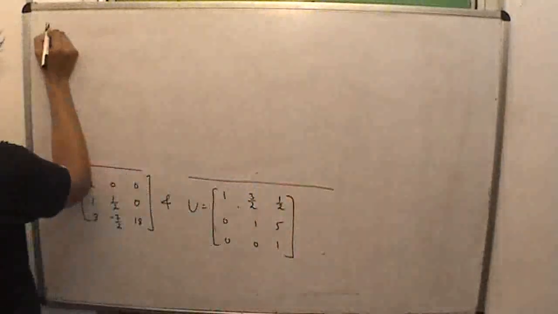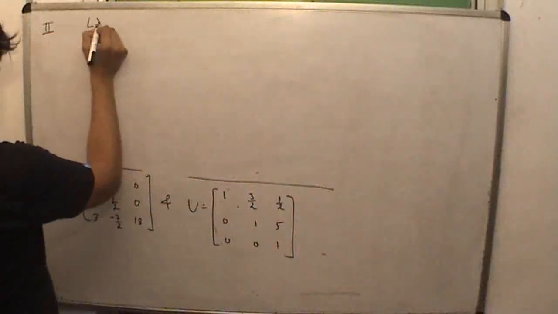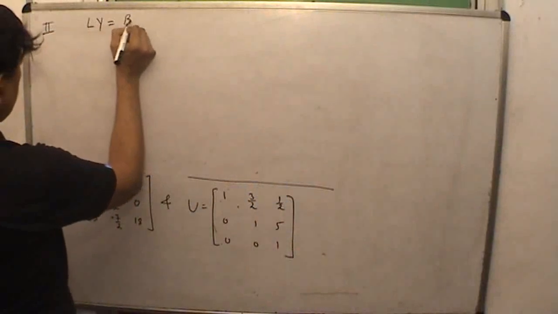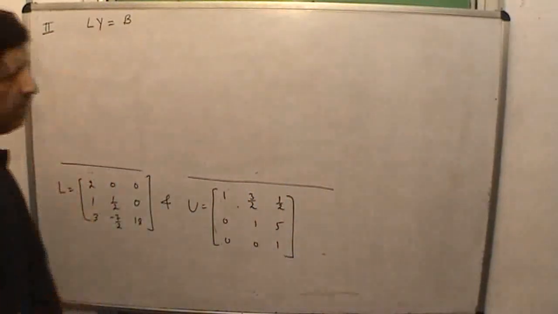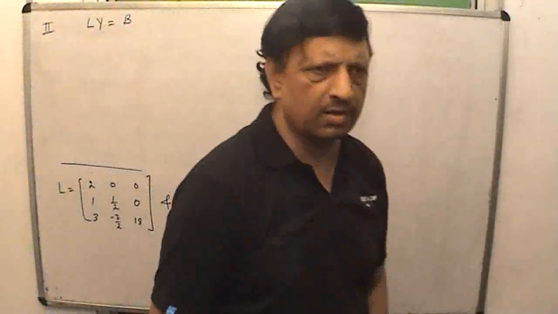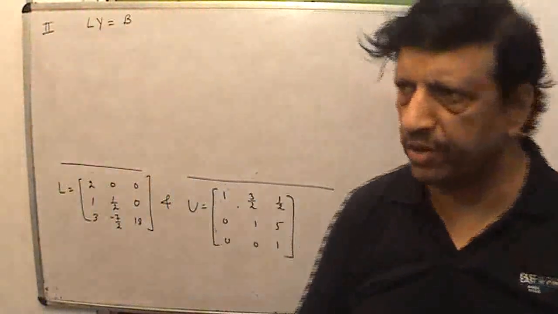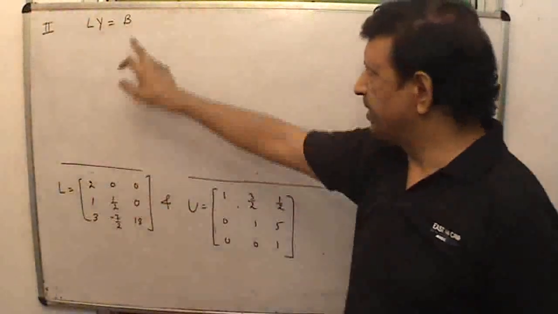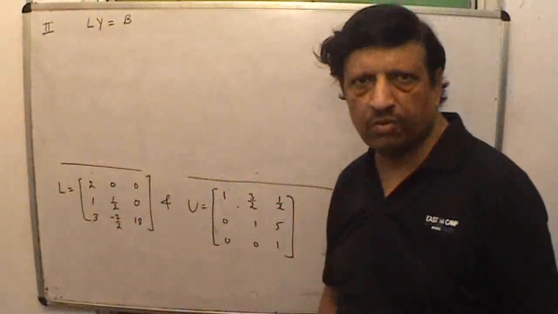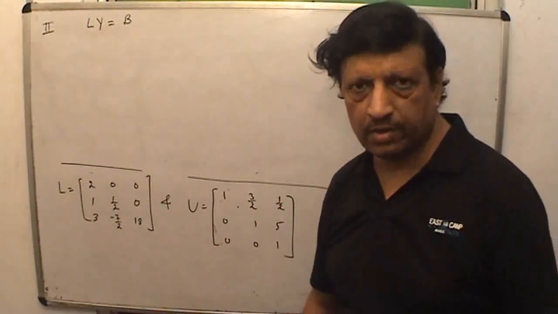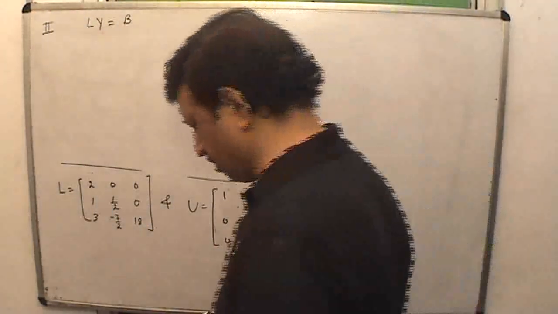Second step, we consider L into Y is equal to B. Who is Y? Y is another column matrix which we introduce, and B is the column matrix on the right hand side of the given system of equations.